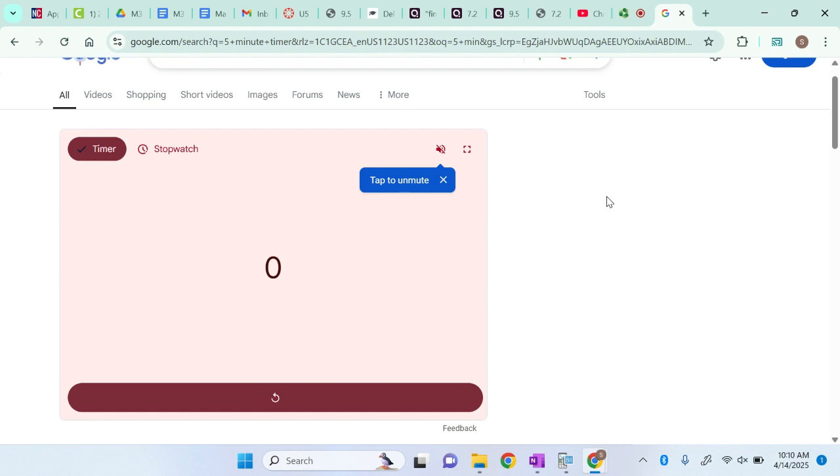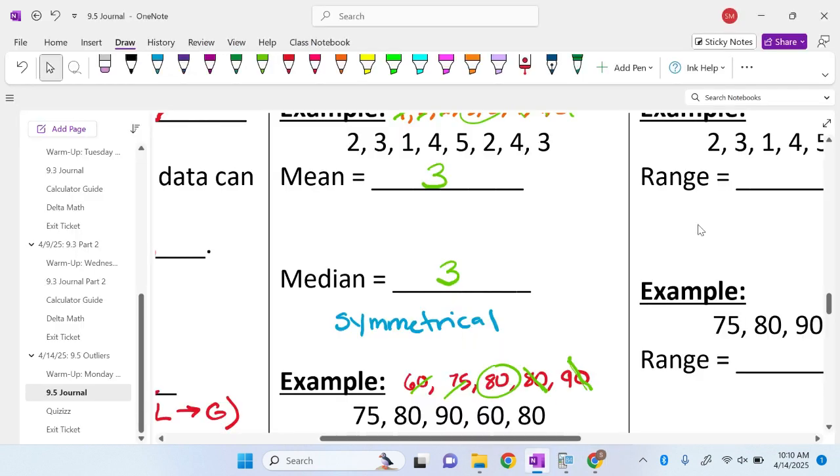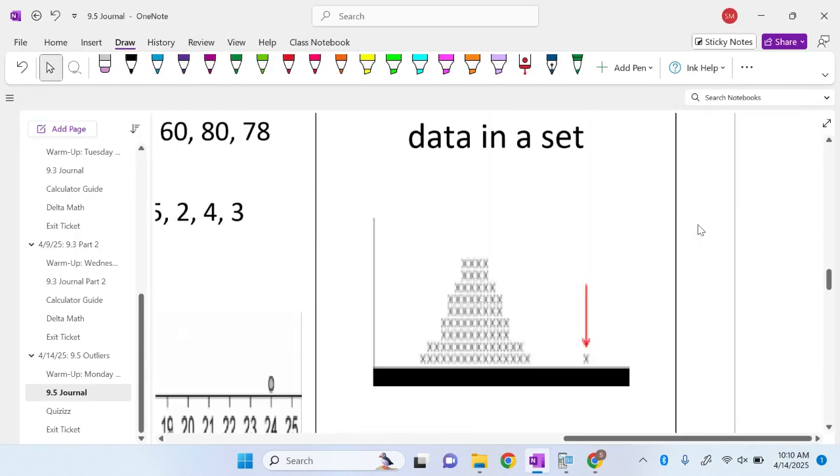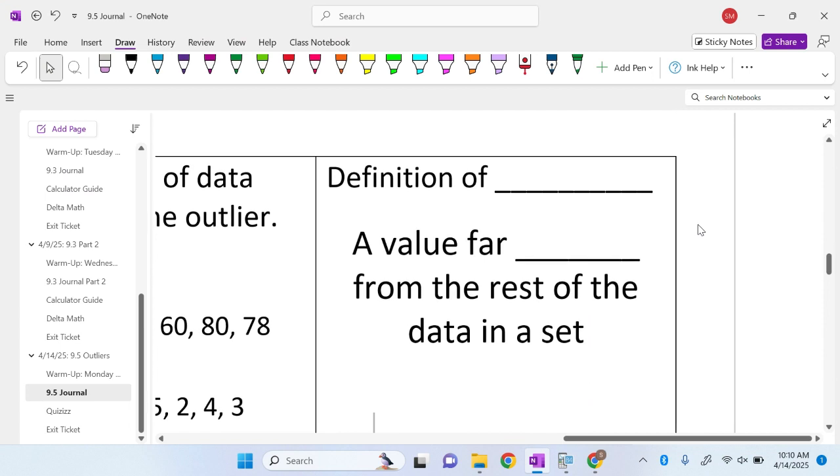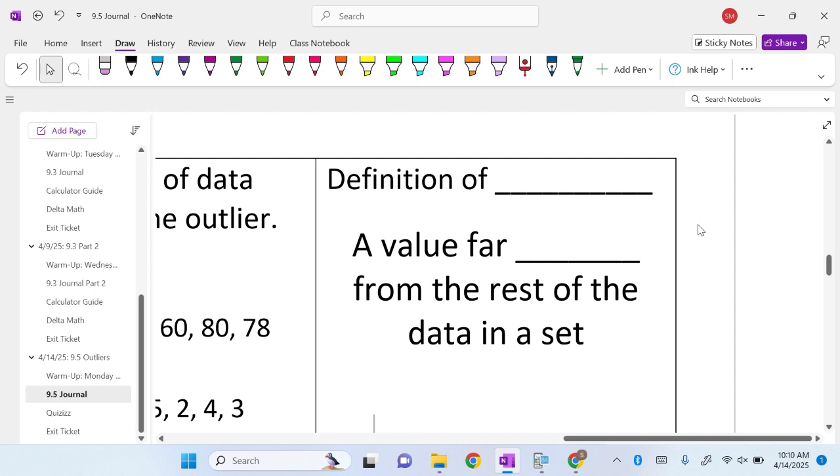Alright. So, now we're going to be talking about outliers. We already know the general definition of an outlier, which is basically just a value in our data set that doesn't necessarily look like it belongs. Meaning it's probably either way bigger or way smaller than the rest of the numbers.